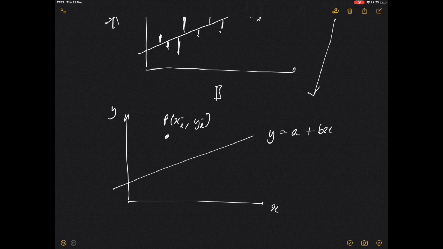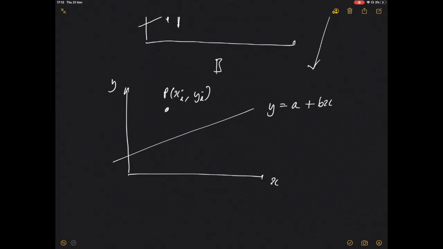So we can think of these as a number of points. So, okay, we can say, well, if we know what P is, that would fit quite nicely on a line. We might call this point Q, where it bisects this line that we're trying to fit.